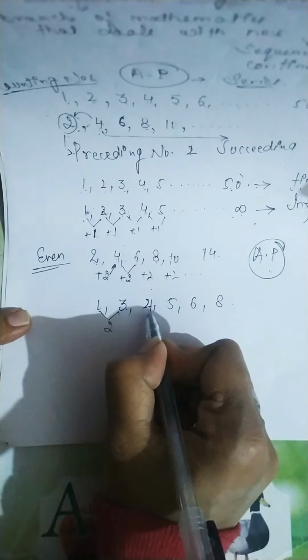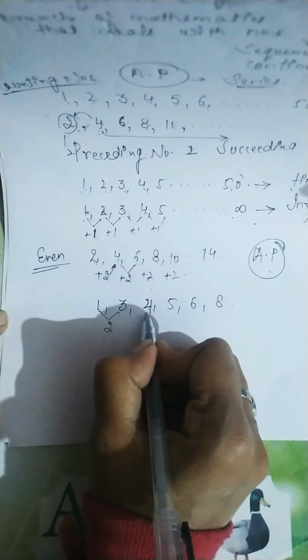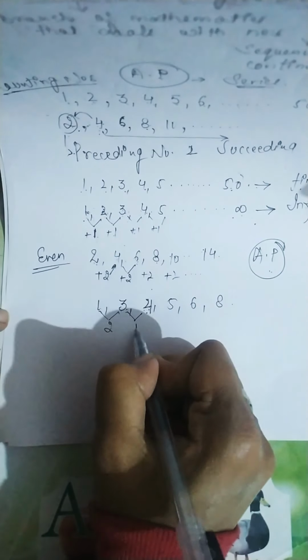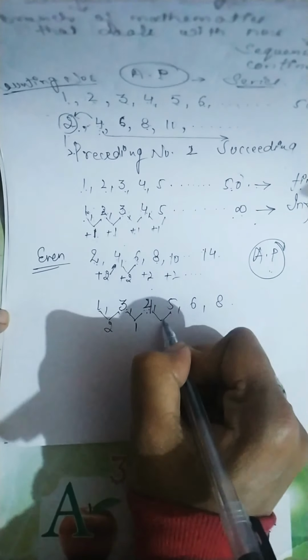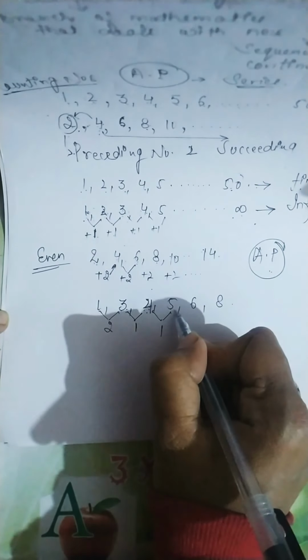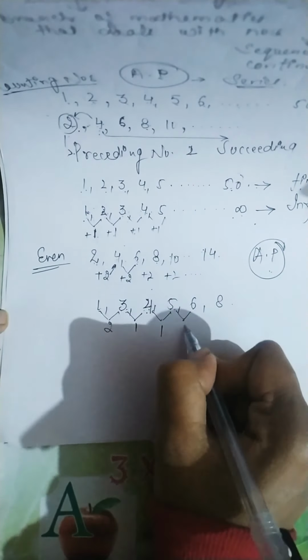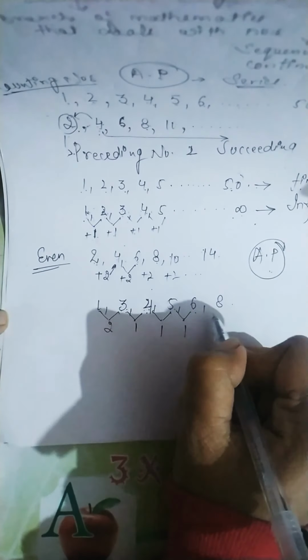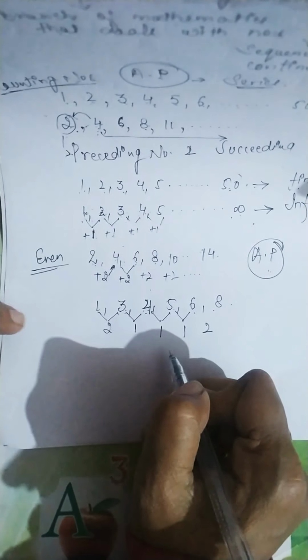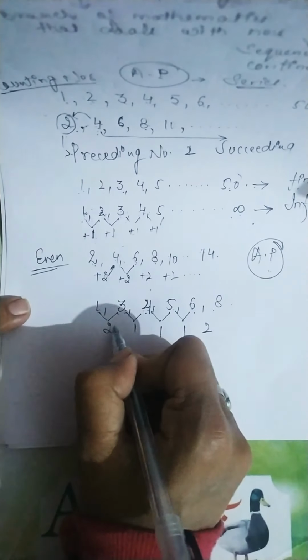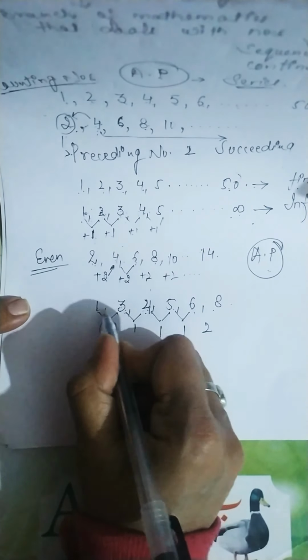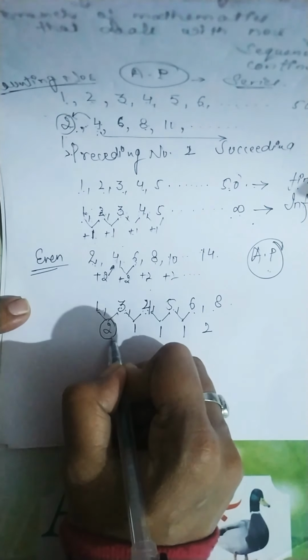Now this is 3 and this is 4. Here the difference between 3 and 4 is 1. The difference between 4 and 5 is 1. The difference between 5 and 6 is also 1. The difference between 6 and 8 is 2. So what we notice here is that between the first two numbers, we have a difference of 2.